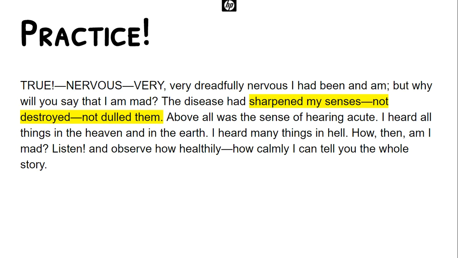That's the first thing that's going to stand out to me, because now I'm thinking to myself as a doctor, well, what disease is going to cause someone to have their senses, smell, sight, hearing, all those things sharpened and more acute? Another thing that's going to stand out to me is that this person sitting in front of me is telling me things about what he's heard in heaven and hell.